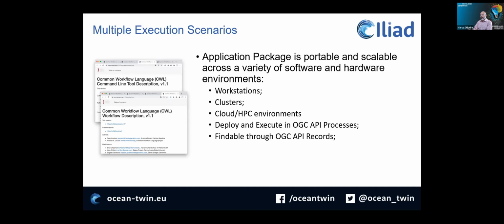It can run on my workstation, or on private or public clusters, private or public clouds or HPC environments. It can be deployable through OGC processes part 2 and findable, for example, through OGC API records.